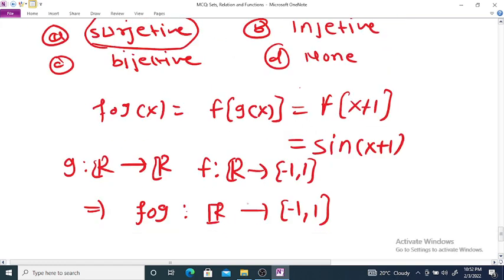So sorry, this is not injective, because here the whole real number set is mapping to [-1, 1].